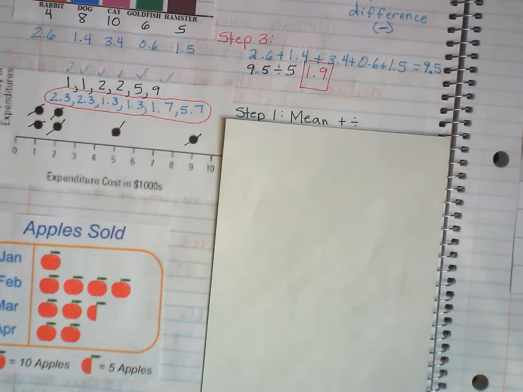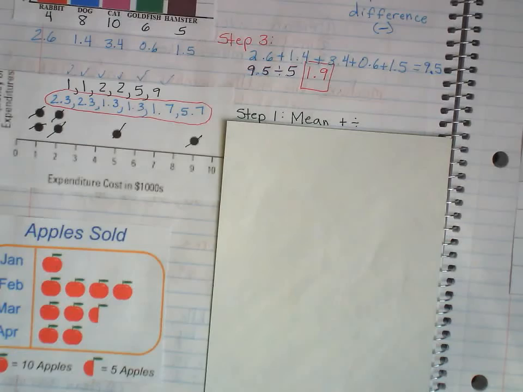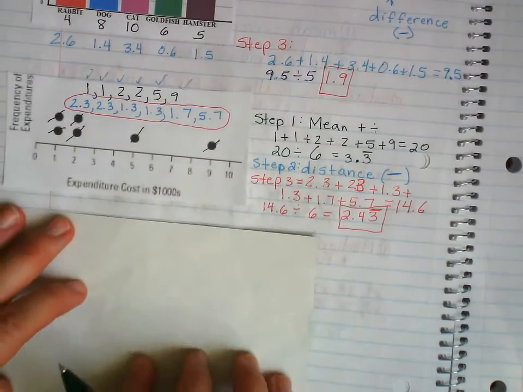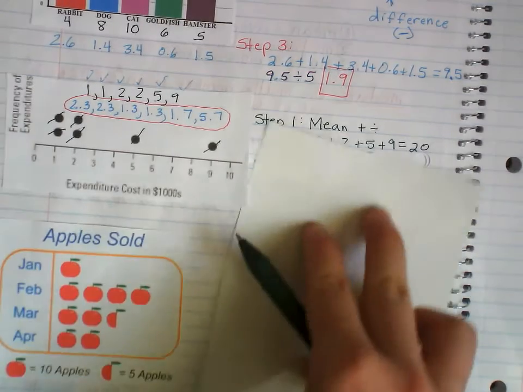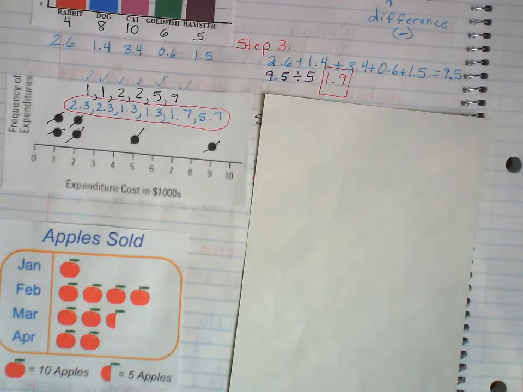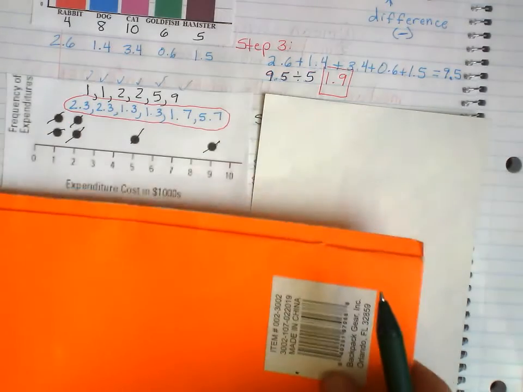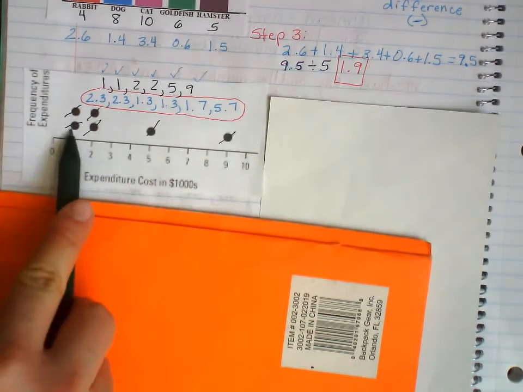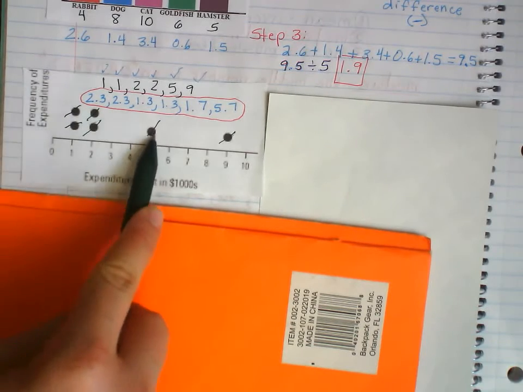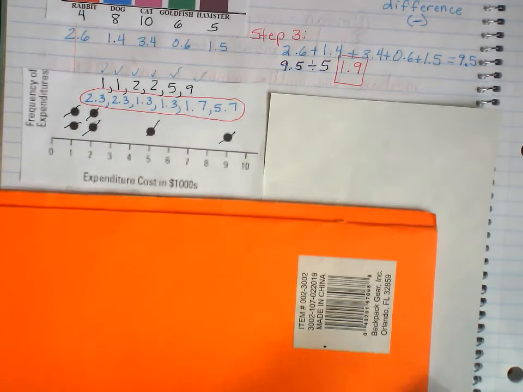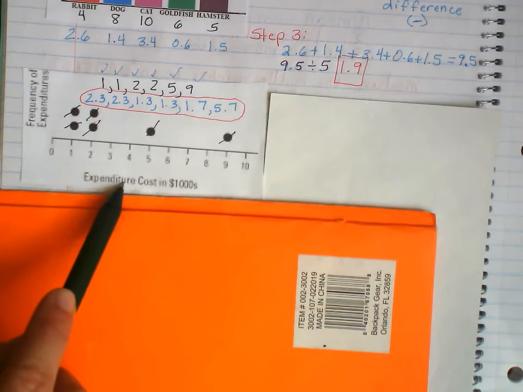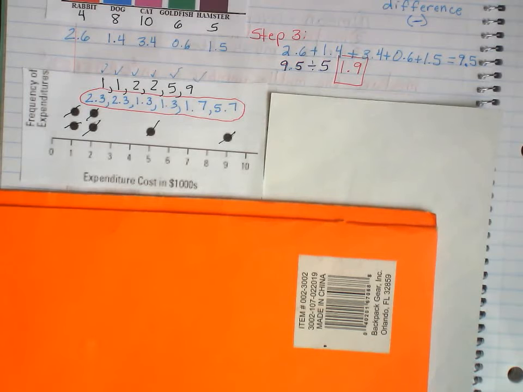What I did in the first video, let me cover this up. In the first video, we looked at the dot plot and we saw that we had 1, 2, 3, 4, 5, 6 dots. Those 6 dots represent how much we spent in thousands of dollars.